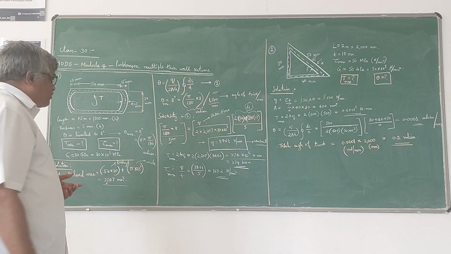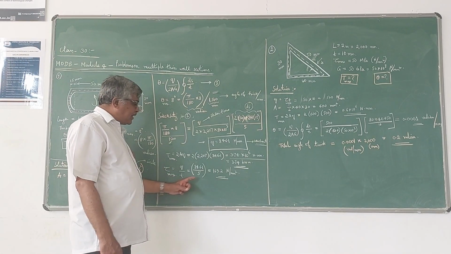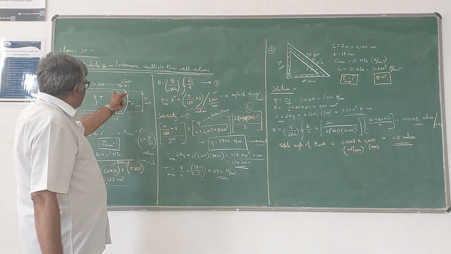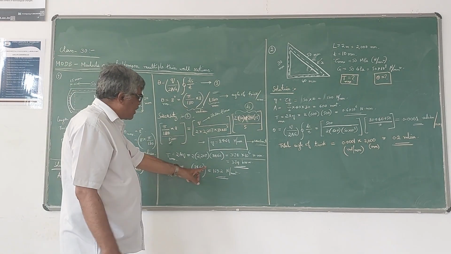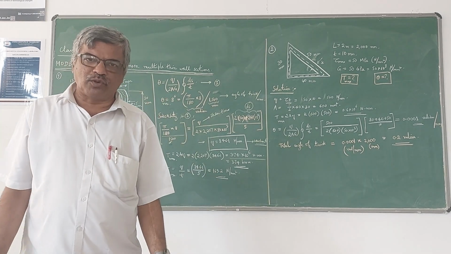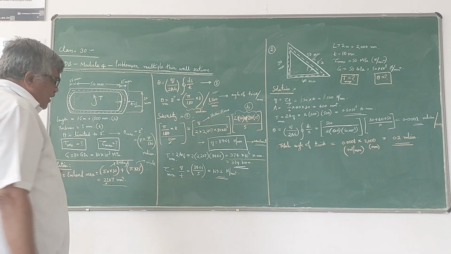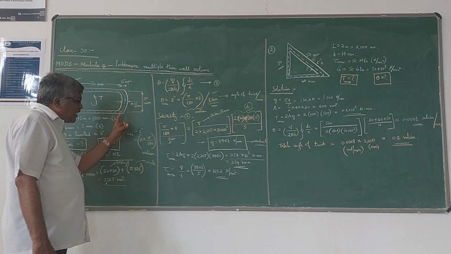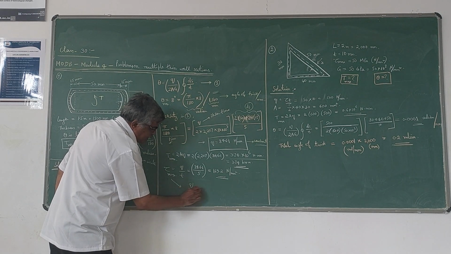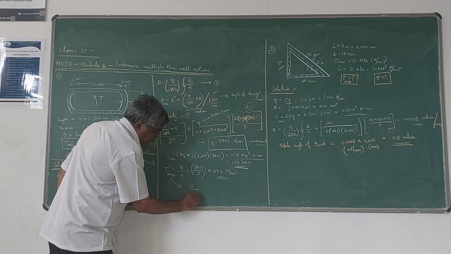So tau max is given by Q by t. Here t is common for all the portions. So 846.1 divided by 5, which comes out to be 169.2 Newton per mm square. So one thing you have to keep in mind: suppose they have different thicknesses, then tau max will be given by Q divided by t minimum. Please note this.